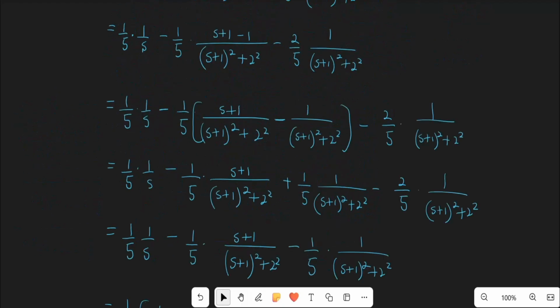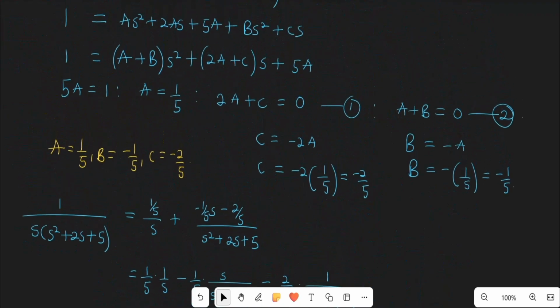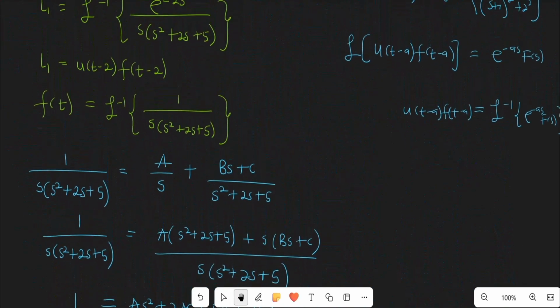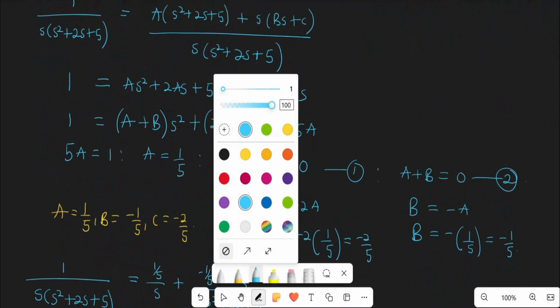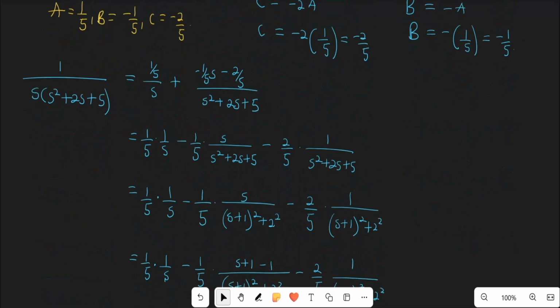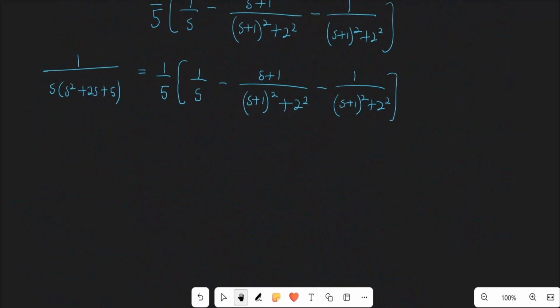Now let's take the Laplace inverse, because this one we are supposed to take the Laplace inverse. f(t) is the Laplace inverse of what we have, and after that we can shift it by 2. So now the Laplace inverse f(t), let me switch back to green. So f(t) is the Laplace inverse of what we have here.